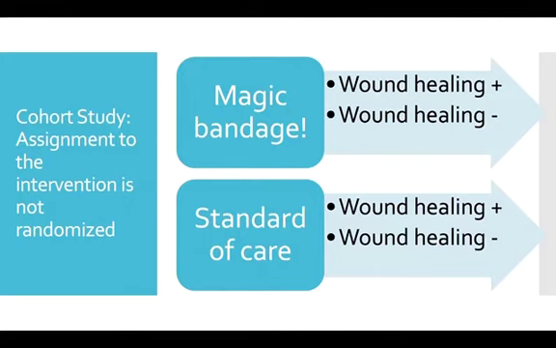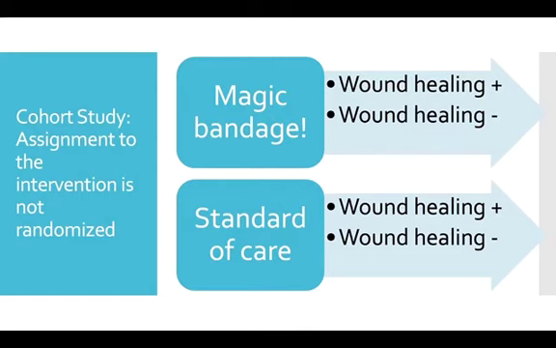So if we are imagining that a patient with a wound has decided that they will participate in a study of a product called Magic Bandage versus typical care, I'll describe how getting assigned to a cohort study will happen and kind of what that might mean in terms of the data that can be generated.